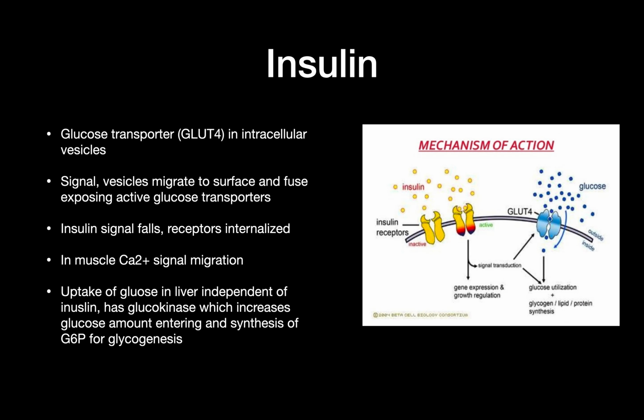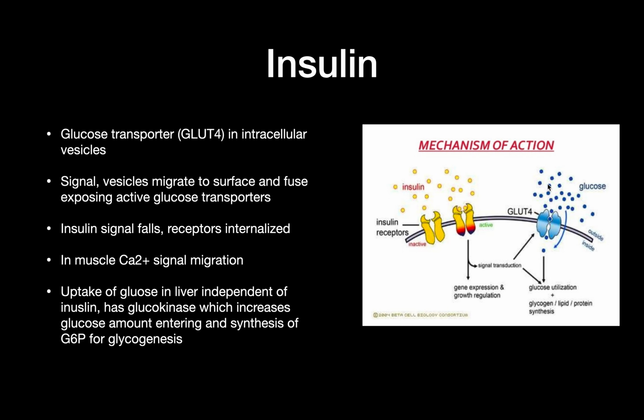Okay, insulin. Insulin, as everybody should know, is an indicator for blood glucose levels. So let's go through the mechanism of action. There's high amounts of glucose in the body, the GLUT4 transporter, it's in an intracellular vesicle.